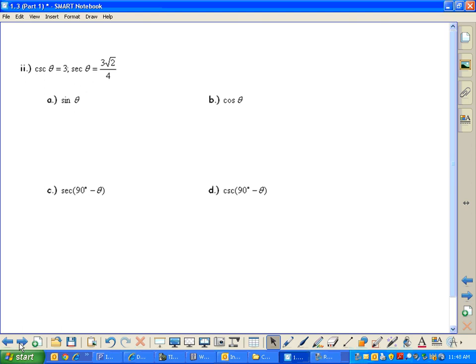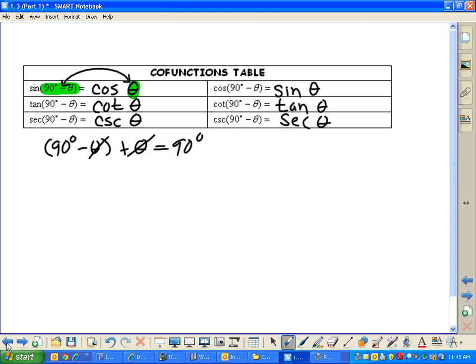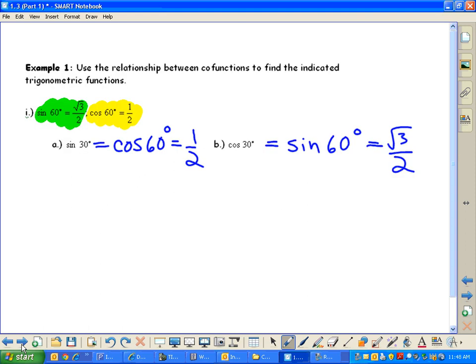Secant of 90 minus theta. If you go back to your cofunctions chart, again, we're taking a look at part C here. We're asked to find the secant of 90 minus theta. You go back to your cofunctions chart, the secant of 90 minus theta is actually equal to the cosecant of theta. Do you see that? So I can use that identity to help me figure out this problem.